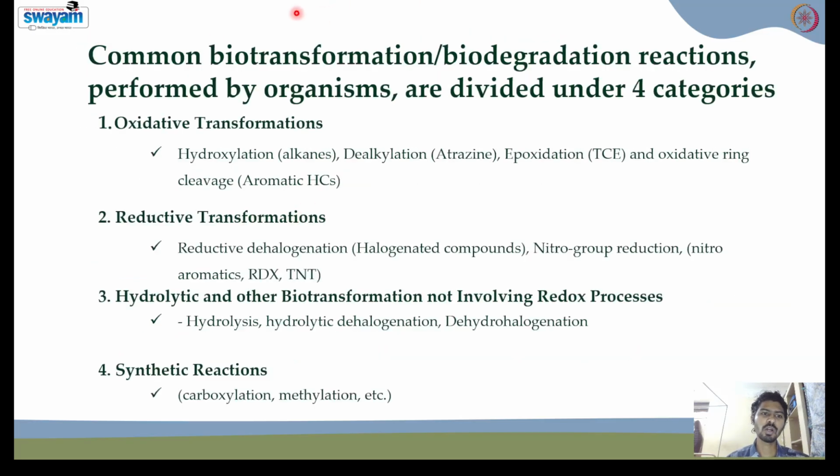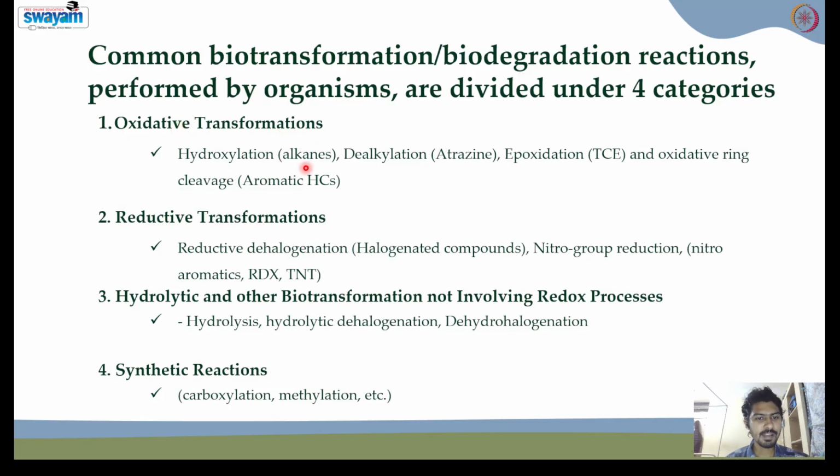And if you see what the common biotransformation or biodegradation reactions are, in each step they have been categorized into four reactions. So these are the four different reactions normally seen in the pathway of biotransformation or biodegradation. The first one is oxidative transformation. What happens here? In oxidative transformation, it adds oxygen or removes electrons from the organic compound and makes the chemical more reactive, so it becomes easier to break down.